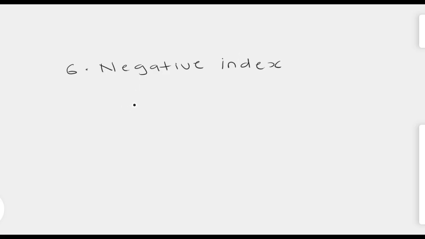Let's say 2 raised to power 2. This is a positive index, right? An index is a small number to the right of the base. It's positive, right? But if we say 2 raised to power minus 2, this is negative. So we are seeing the difference, and they will give us two different answers.